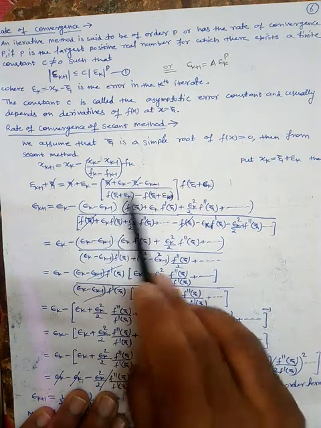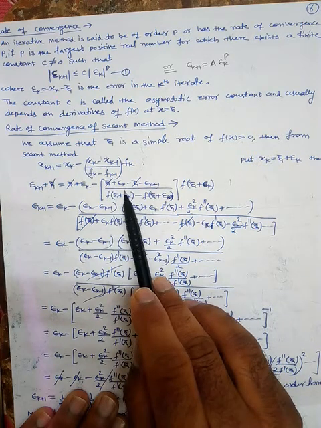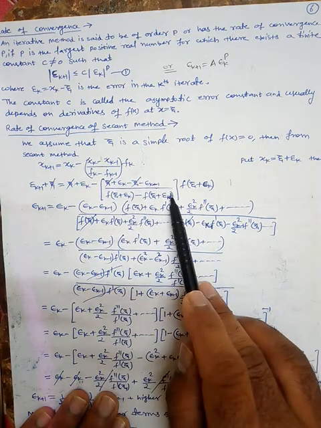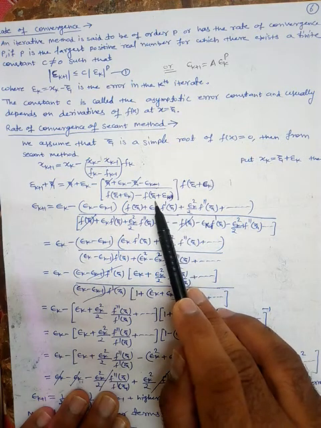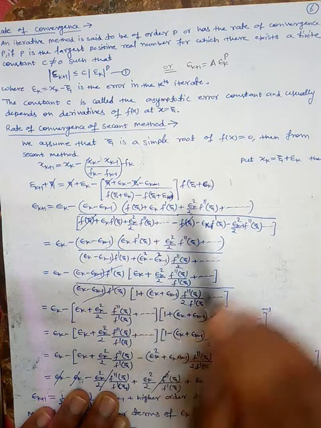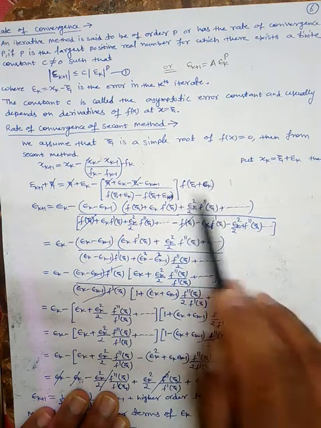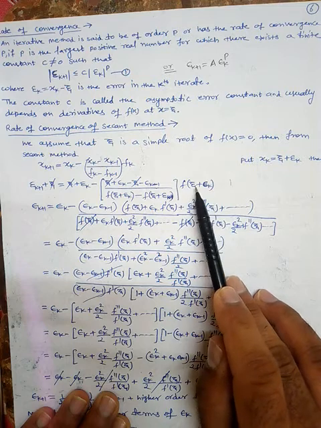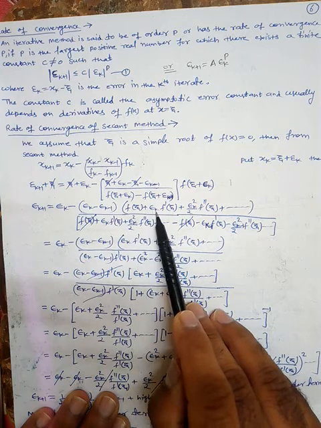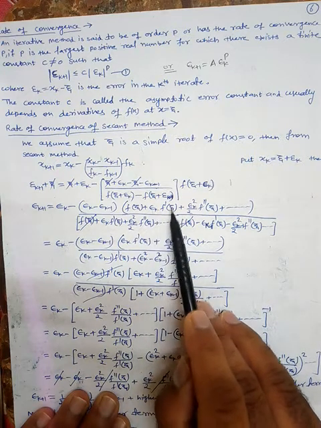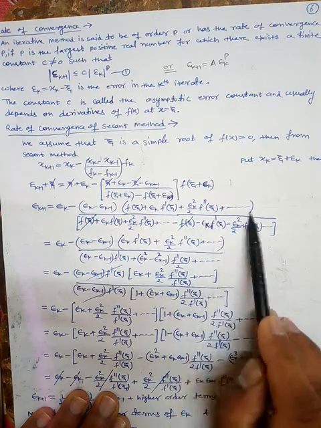Now expand these functions around xi with the help of Taylor series. So when you expand, for example, this function around xi using Taylor series, we get f of xi plus epsilon k f dash xi plus epsilon k whole square by factorial 2 second derivative at xi, and so on.